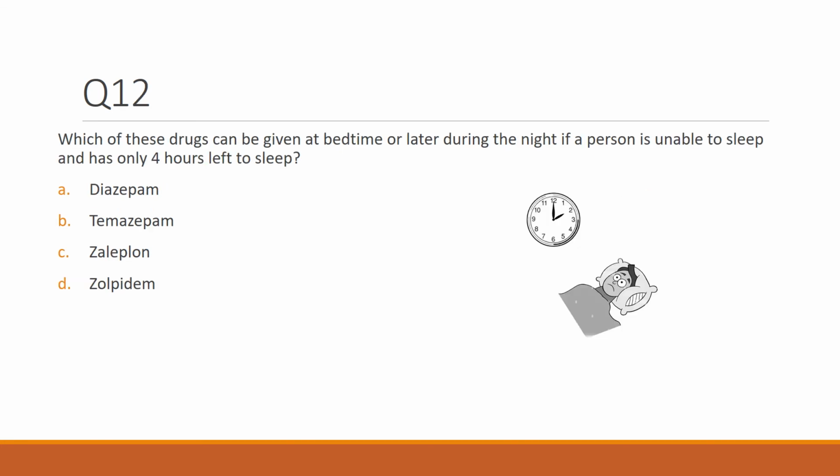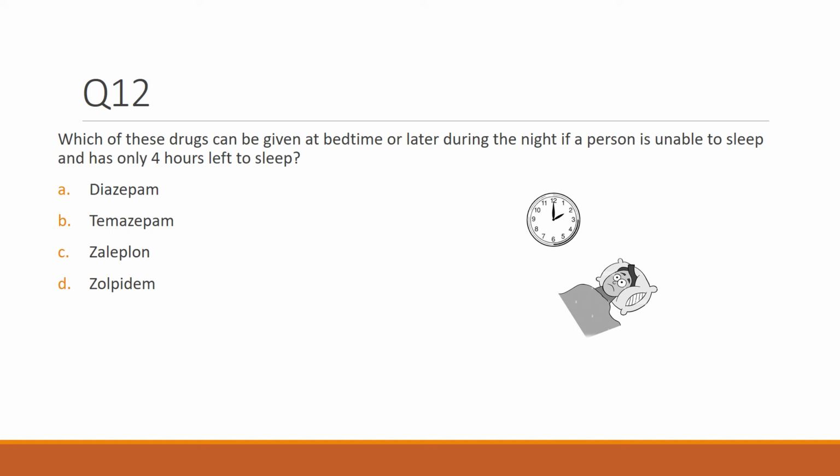The next question is, which of these drugs can be given at bedtime or later during the night if a person is unable to sleep and has only 4 hours left to sleep? The options are diazepam, temazepam, zaleplon, or zolpidem.